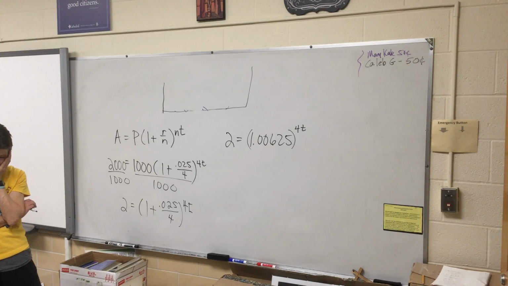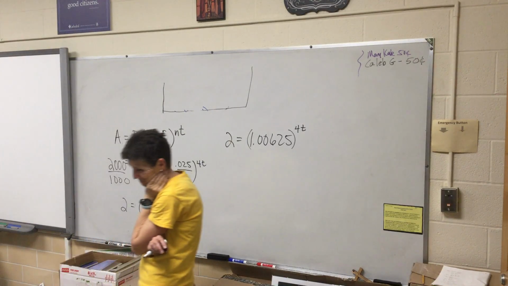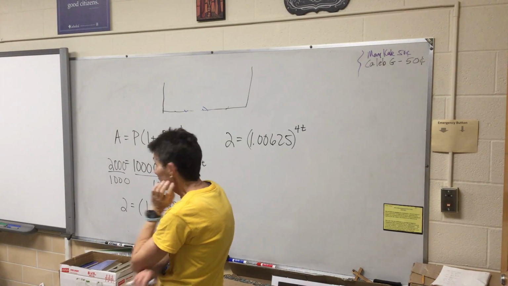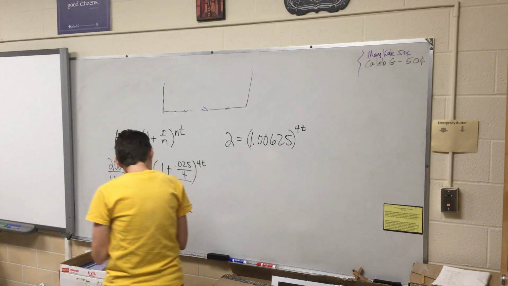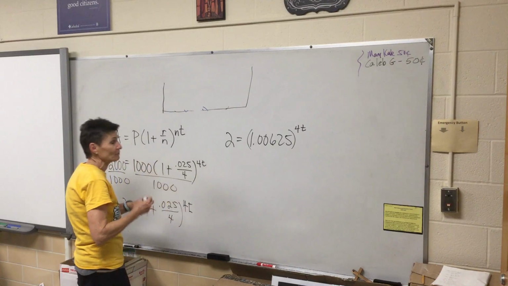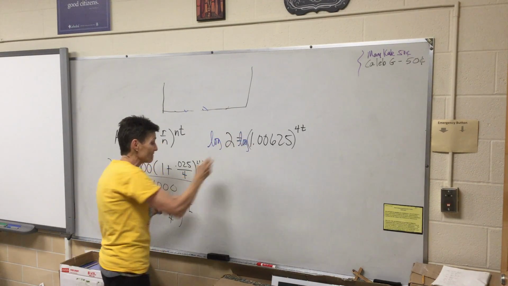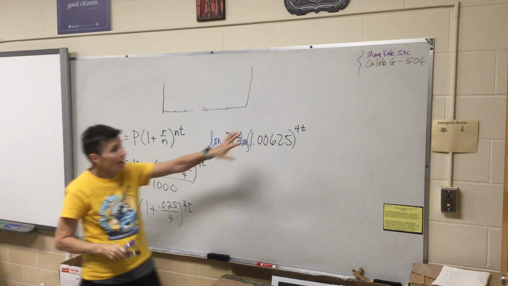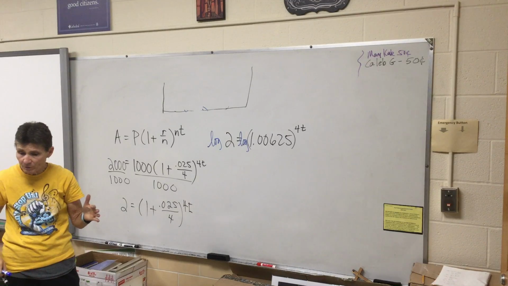Okay. Now what? Do you have to add a log? Yes! Beautiful! You're making my day. That's exactly what I have to do. Because, kids, your variable is up here in the exponent spot, and you can't figure it out.